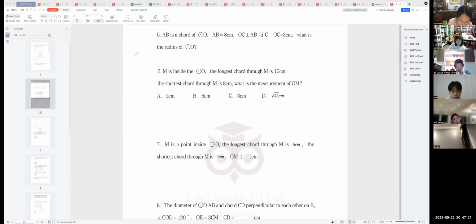Okay, let's take a look at this one, the same thing as number 7. M is a point inside O, the longest chord is 6, the shortest chord is 4. What is OM?